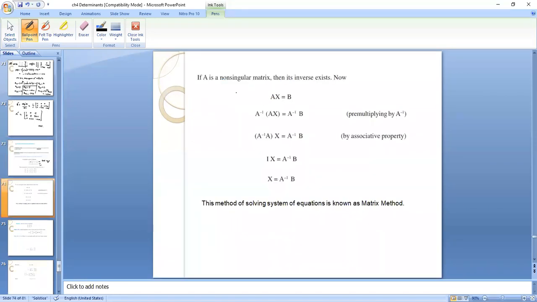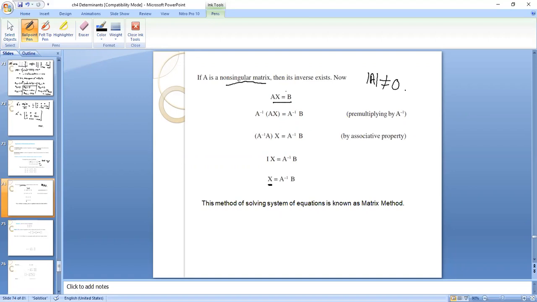Now next, AX is equal to B. We have to find X, right? How will we find X? If A is a non-singular matrix, non-singular matrix means A determinant is not equal to 0, then its inverse exists.